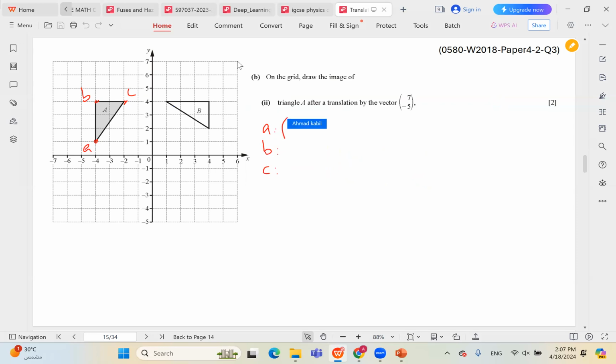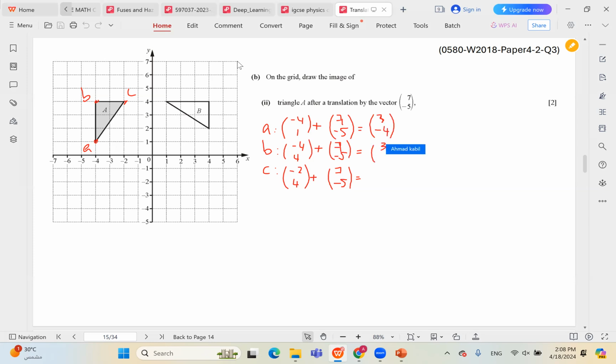And you write down the ordered pairs, so -4 and 1 for A, and then -4 and 4 for B, and then -2 and 4 for C. And then you add the translation vector, 7, -5. You get here 3, -4, 3, -1, and 5, -1.